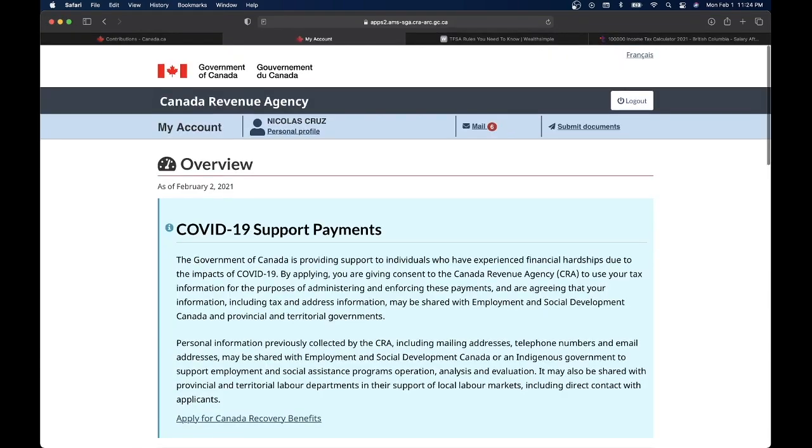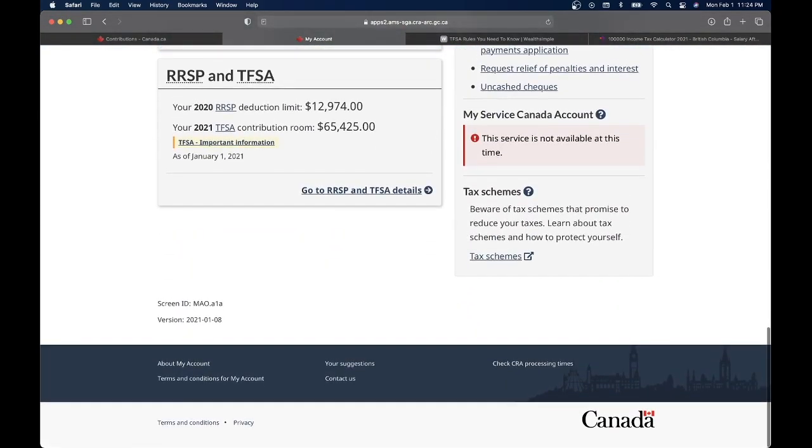So once you're in, you can scroll all the way down to the bottom and then notice what your contribution room is for this year. So for example, for myself, for 2021, the contribution room is $65,000 or around.